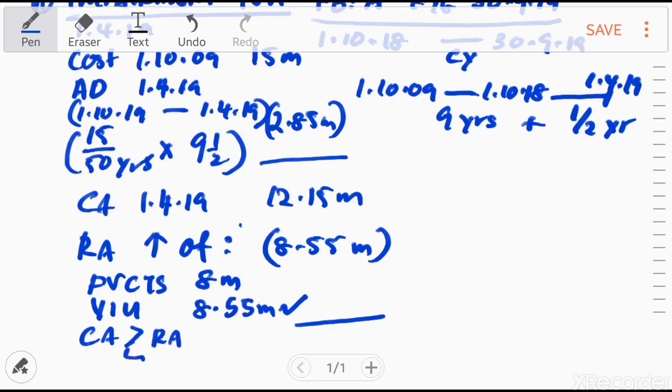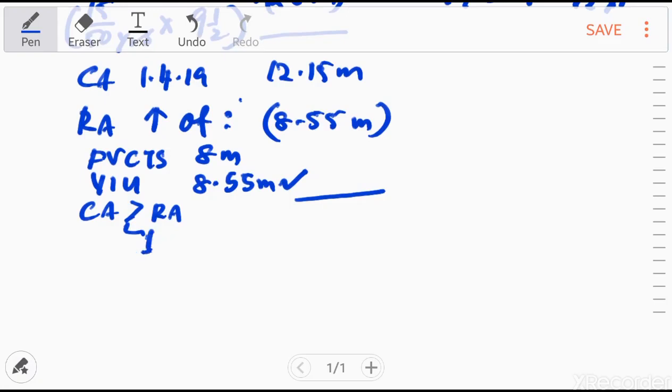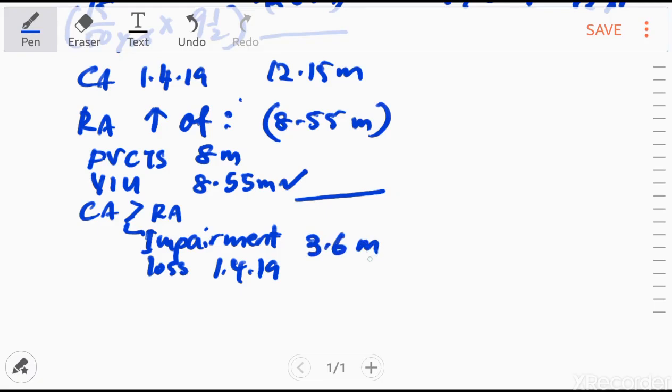Because of that, you will have the impairment loss. And your impairment loss on 1st of April 19 would be 3.6 million. So that's going to give you the 3 marks as per requirement number 2.